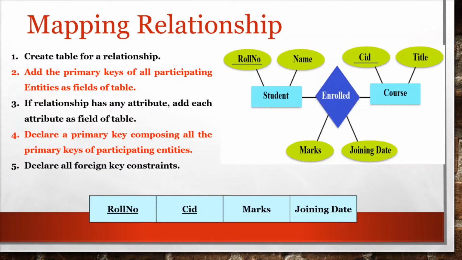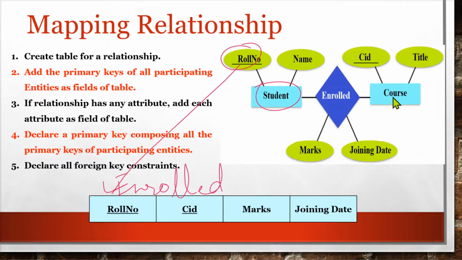So here is the table for the enrolled relationship. This table is for the relationship enrolled. The table has the primary key of the first entity, the student entity, as roll number. So roll number is here.